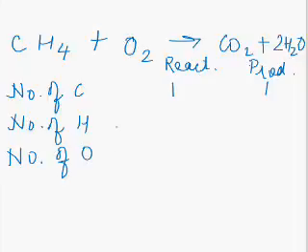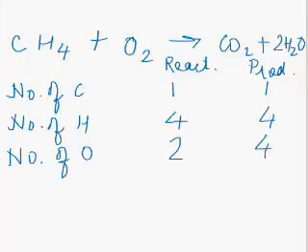The number of hydrogen atoms on the reactant side is 4, and on the product side it is also 4. So the number of hydrogen atoms is now balanced. Now let us count the oxygen atoms. On the reactant side it is 2, and on the product side it is 2 and 2 times O, it means 4 oxygen atoms.